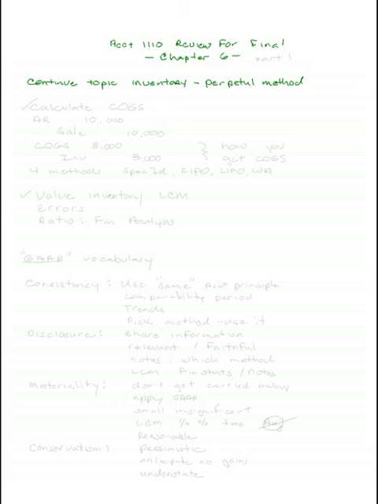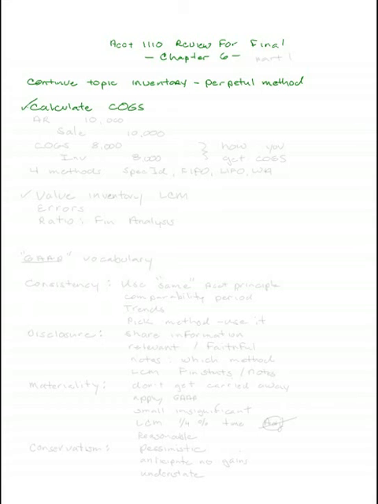What we're going to learn to do as it relates to the topic of inventory is examine how you calculate cost of goods sold. In the past, we've been given that. So that's one of our objectives. What do I mean by that?